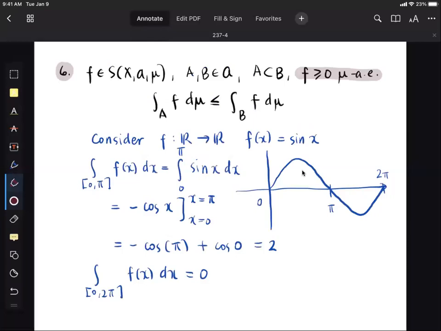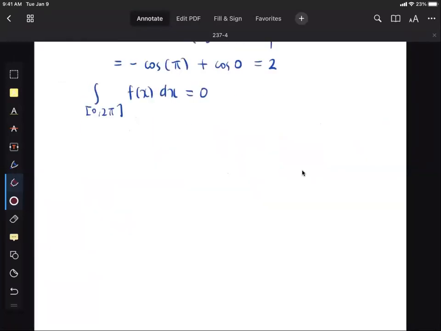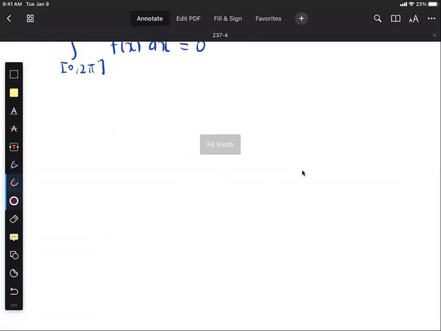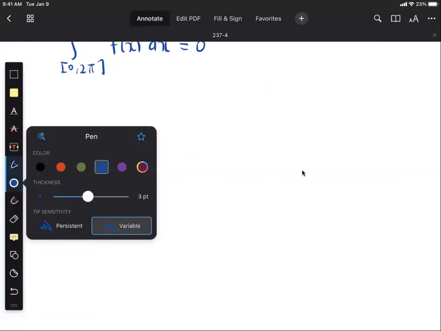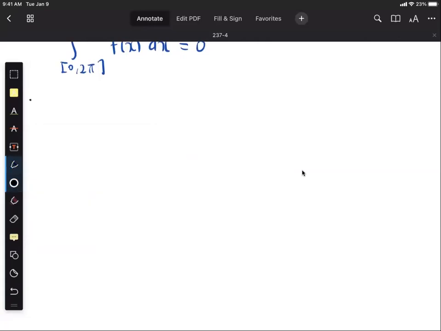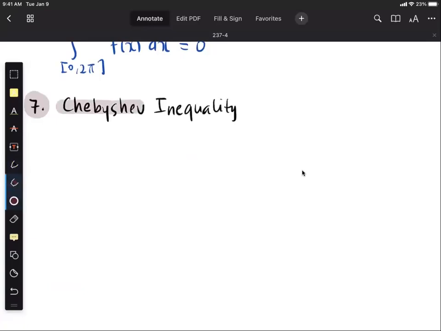Another property, which is in the same spirit as property 6, is what we call the Chebyshev inequality. There are variants of the spelling of the name of Chebyshev, but we will choose this one.